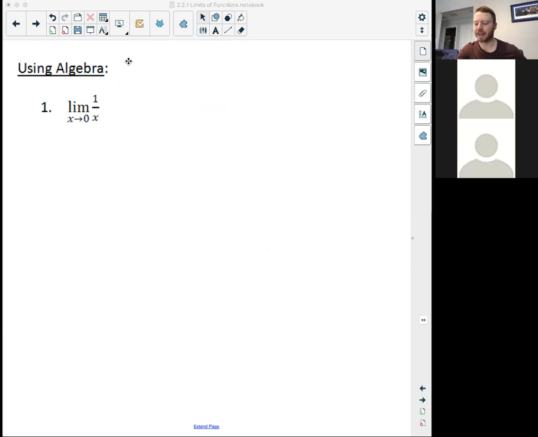So in this case, we cannot simplify further. And then remember the second step of using the algebra is to sub in the value of x. If we were to do that using algebra, this is undefined. So we have to use another strategy.